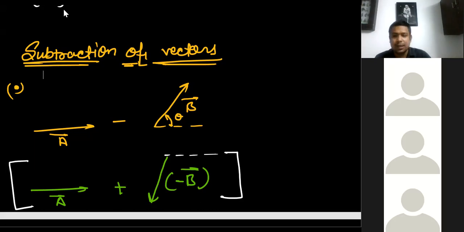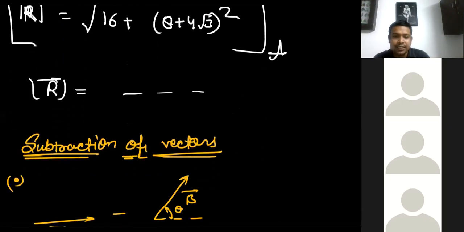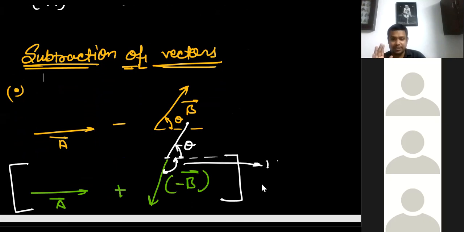My dear friends, before addition, tell me, if the vector B makes an angle theta from the x-axis, then vector minus B makes what angle from the x-axis? It is 180 minus theta, or pi minus theta.